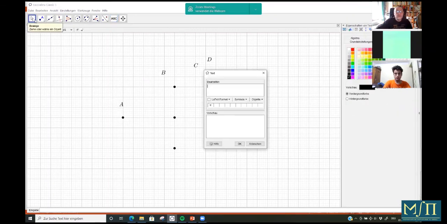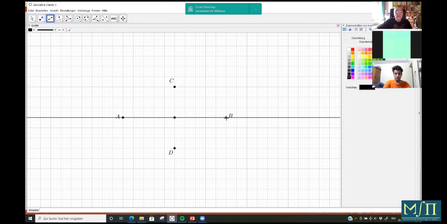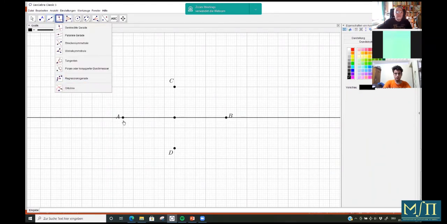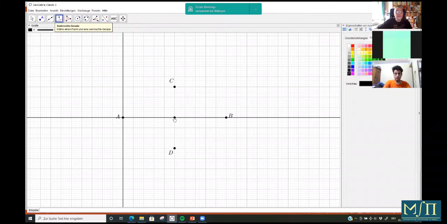So A is down here, B is over here, C and D. I will add a few lines here. This line, perpendicular to it. There we go. The line perpendicular here.